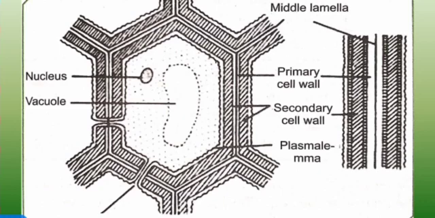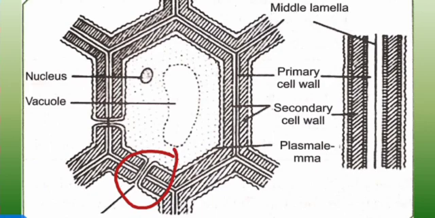So from the cytoplasm of one cell to the cytoplasm of the adjacent cell, they help in the exchange of materials through the pores.